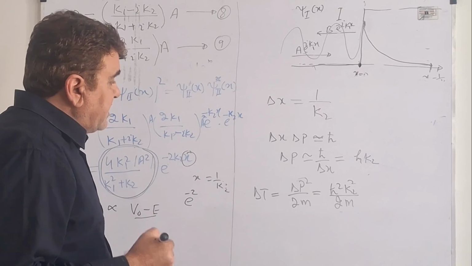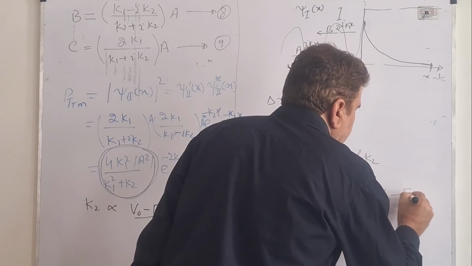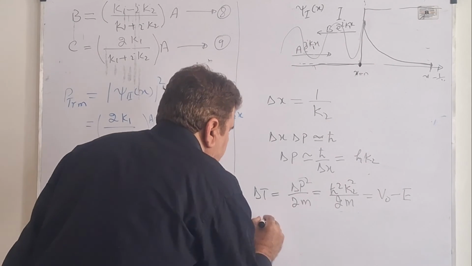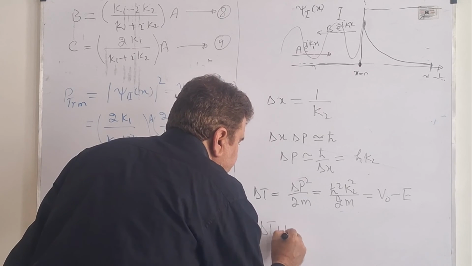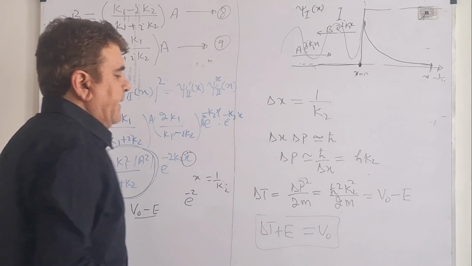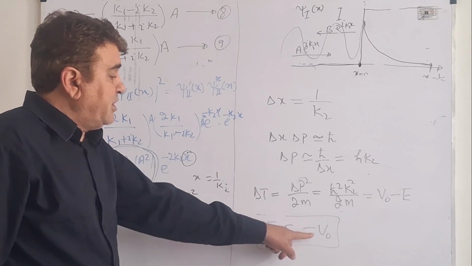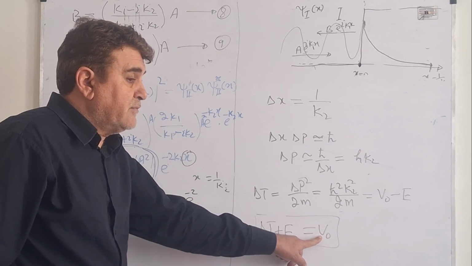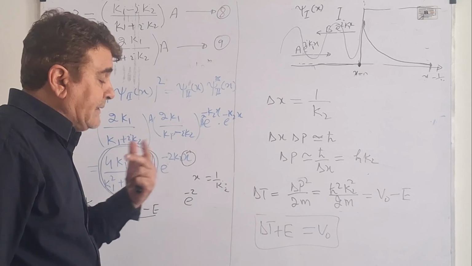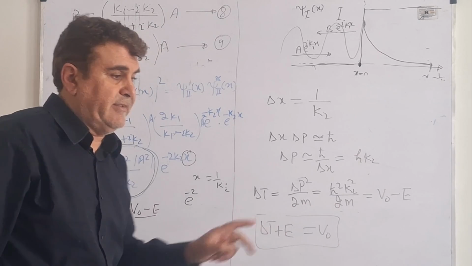And this must be equal to the difference V0 minus E. In other words, I can write this as delta T plus E equals V0. That is, the uncertainty in final energy is equal to V0. In other words, the uncertainty principle washes away the memory of the particle, to let it decide whether its energy is lesser than V0 or equal to V0.